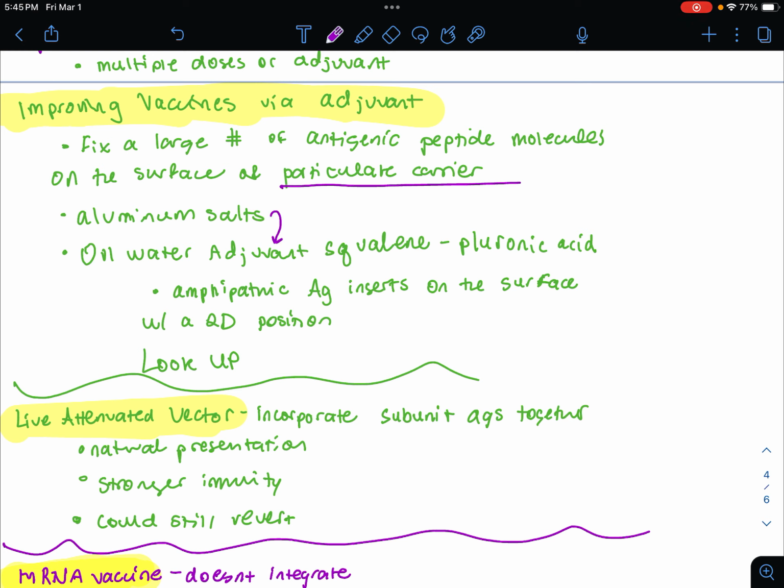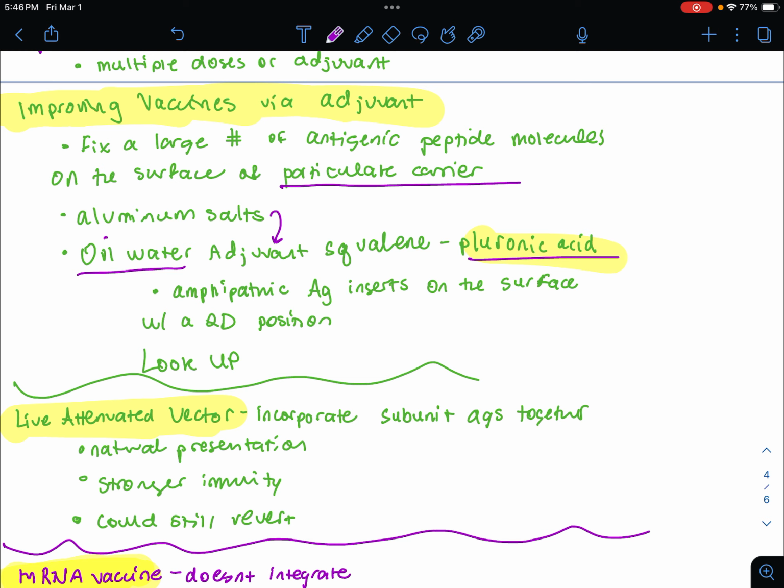There's also the locally high concentration of immunogen on the surface in that situation. There's also the oil-water adjuvant, and the oil-water adjuvant of squalene. I'm going to highlight that. This amphipathic antigen will insert to the surface partly to create a two-dimensional array.